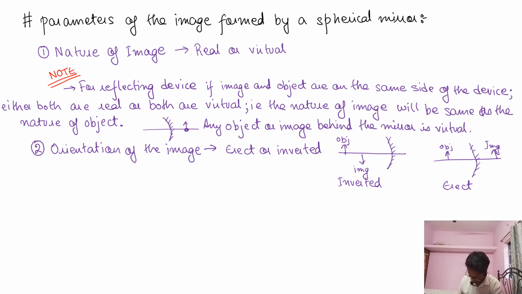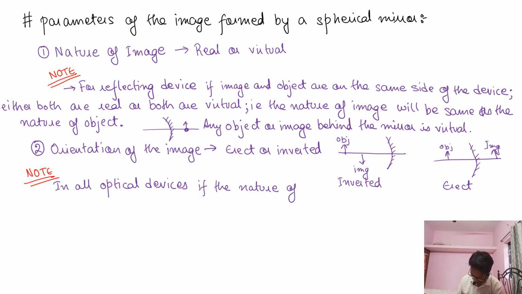Now one more thing to note here. In all optical devices, if the nature of image and object are the same, that means if the object is real and the image is real, or if the object is virtual and the image is virtual, then they will have opposite orientation.